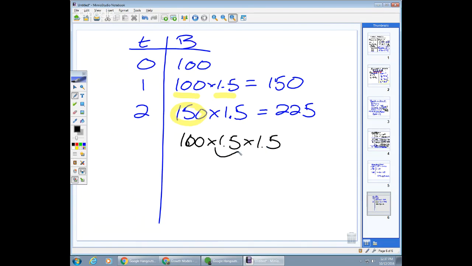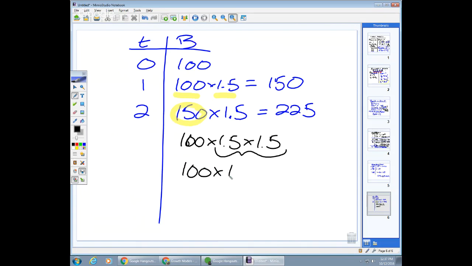Can I shorten 1.5 times 1.5? It'd be 1.5 to the second power. So in the second hour, I really have 100 times 1.5 to the second power. Just double check on your calculator. Do that calculation. Does it really come out to 225?